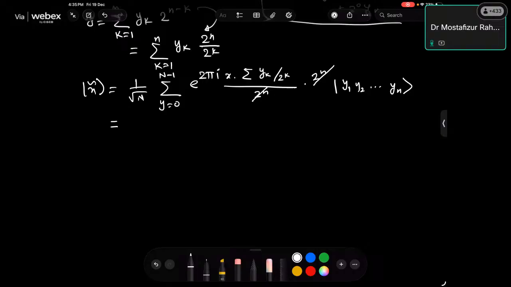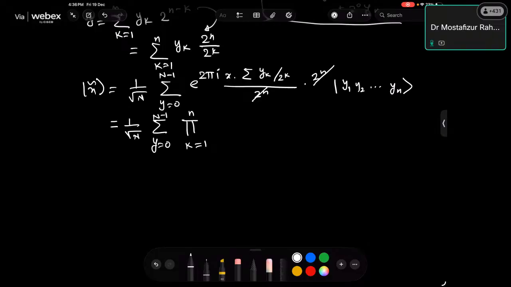So this is a sum term, and we can write this sum term as 1 upon square root n, summation of y equals 0 to n minus 1, then product of k equals 1 to little n, right?